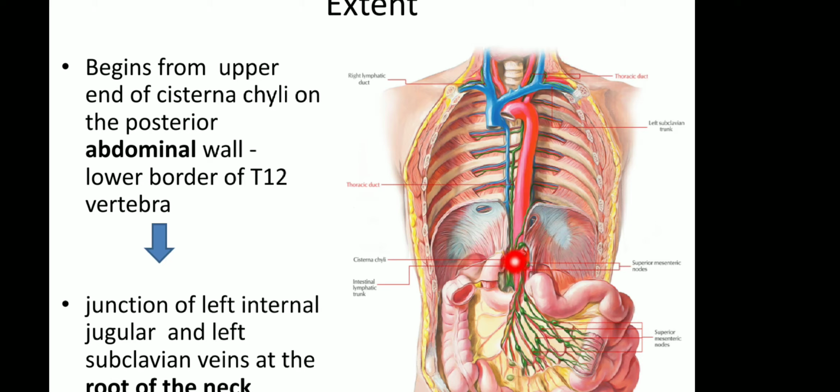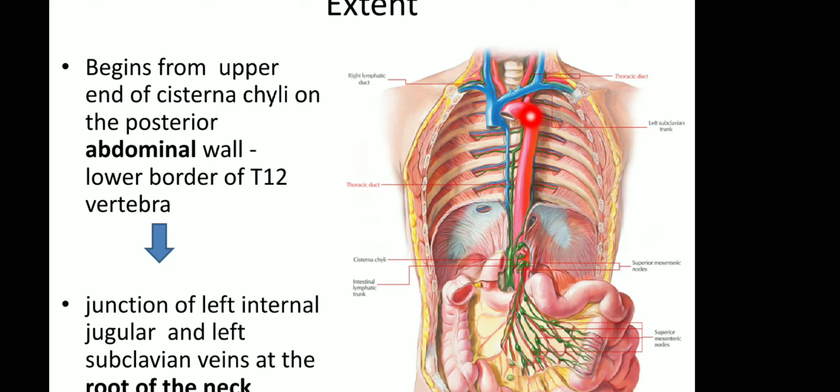Where does it begin? At the upper end of the cisterna chyli. What is the cisterna chyli? It is a pouch-like structure in front of the L1 vertebra, into which the right and left intestinal lymph trunks drain. The thoracic duct starts from its upper end at the level of the lower border of T12, then enters the thorax through the aortic opening in the diaphragm.